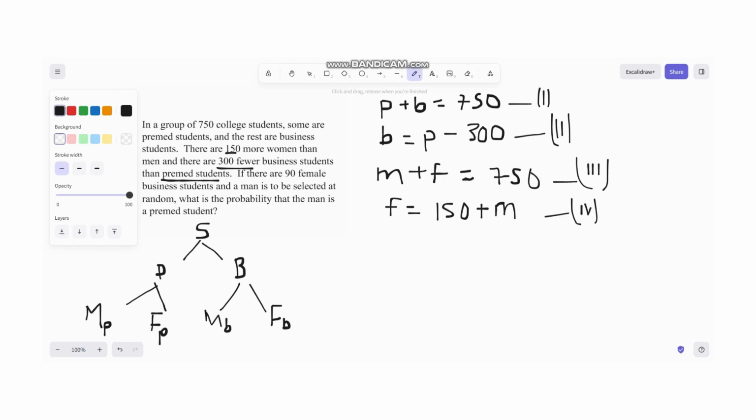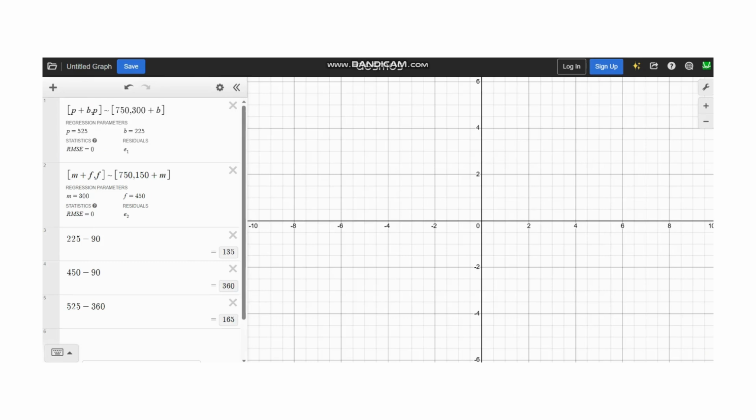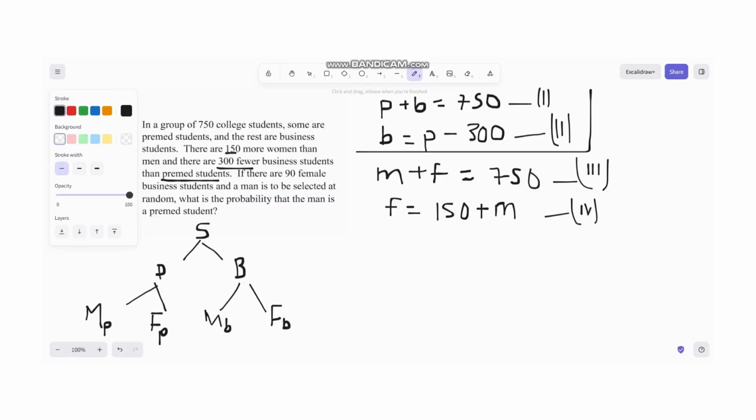Now since we have turned these word problems into 4 equations, now it's time to solve it using Desmos. This will be one part and this will be another. So when you go to Desmos, input your values, you'll get this. Okay, so the value of P is 525, B is 225, M is 300, and F is 450. Let's write it here. P is 525.